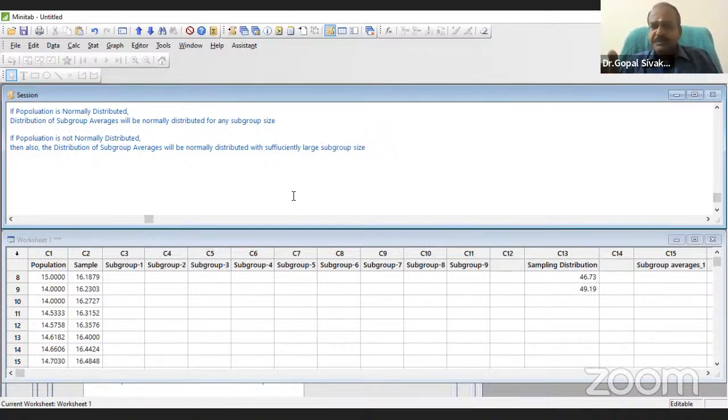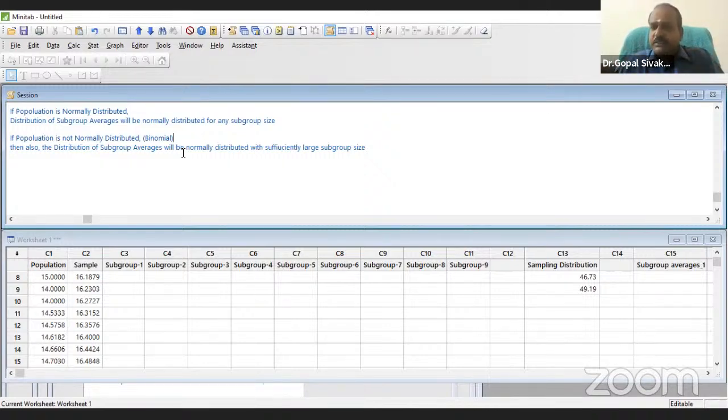Do you understand? Population is not normally distributed. I don't know whether population is binomial or geometrical or whatever distribution. I don't know about population. It can be any distribution. But still, my subgroup averages will compulsorily follow normal distribution.